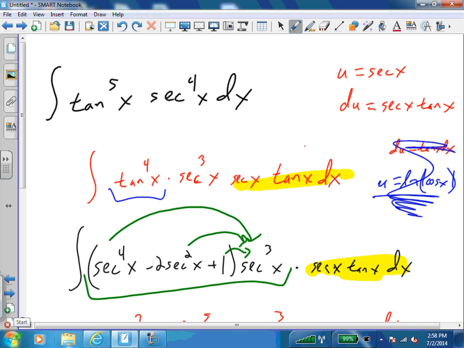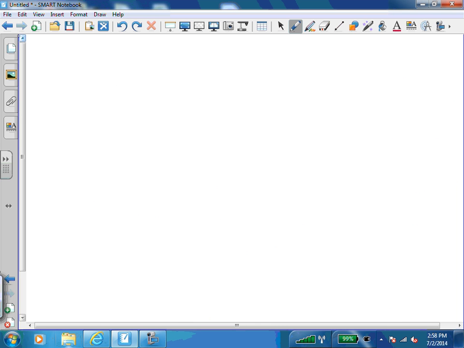Now there's just one other type, and I don't know that I'm even going to assign any of these, but the last thing on page 529 deals with, what if we have a product of sines or cosines that have different angles? Like sine 2x times sine 3x, or times cosine 3x dx.